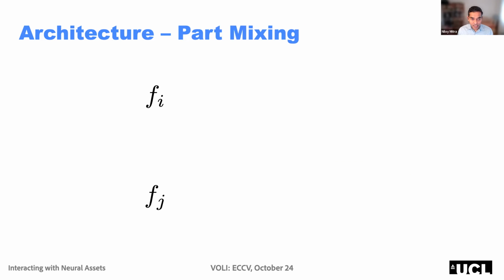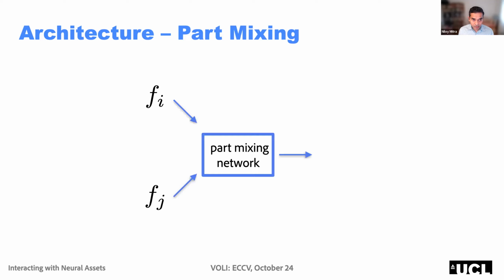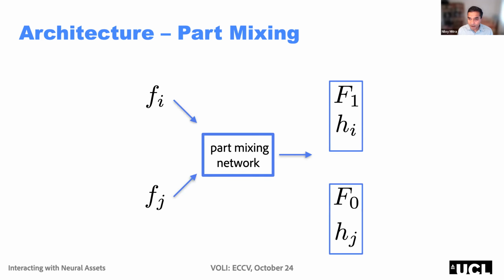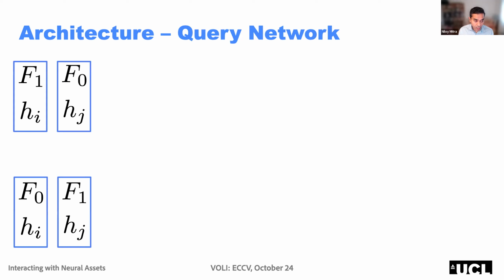So let's go to the mixing network. For each of the pairs, it goes through a transformer and gives output. The F1 and F0, 1 and 0, is a way to say that I am processing the ith primitive right now and not the jth primitive. The 0 means this is not being processed. And this is used in the query. Given these features along with the concatenated latent codes, each query now gets attention from these features.